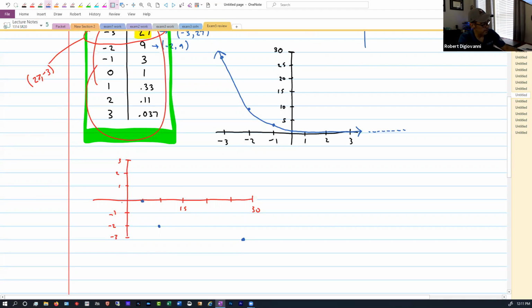I'm missing one there. No, that's not right. Sorry. 3 and then down 1, so about right there, and then here. And we have our asymptote going the other way this time. There we go. Good enough.